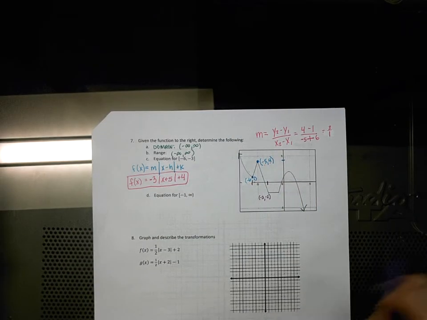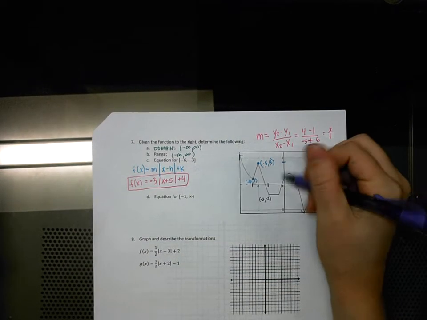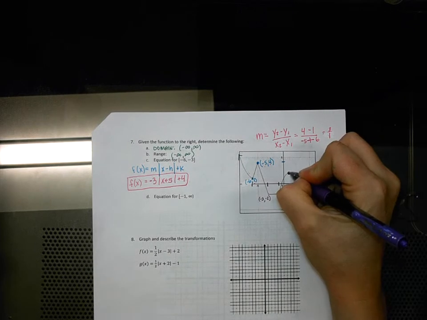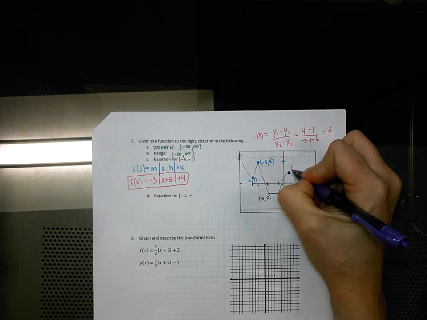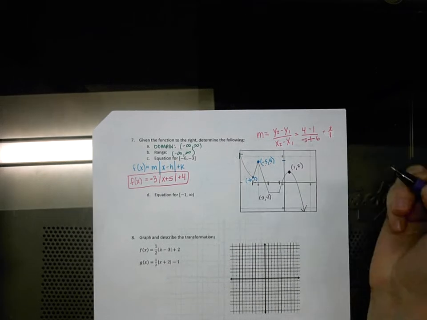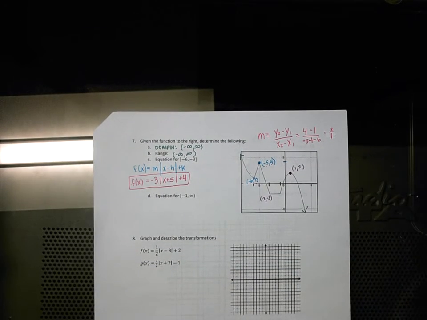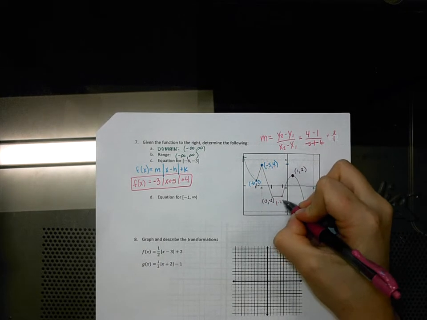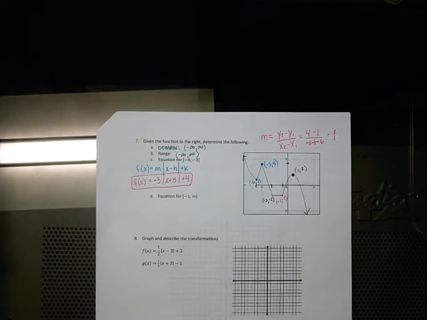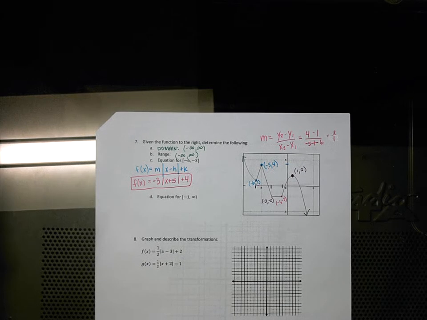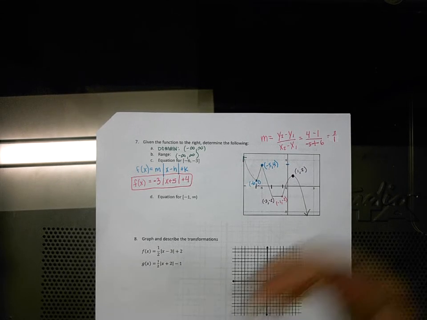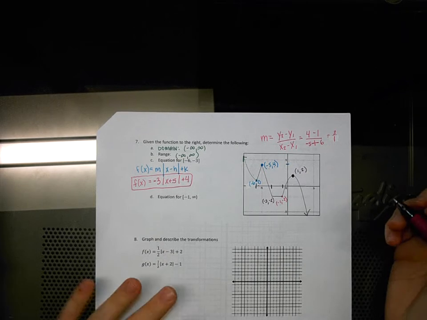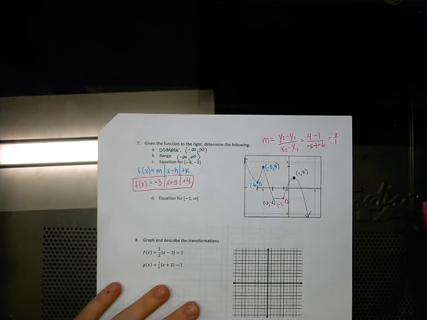Okay, for part D, I want to go from negative 1 to infinity, which is a quadratic function. This vertex is at 1, 2. This point over here is at negative 1, negative 2. So I'm going to determine my quadratic function.